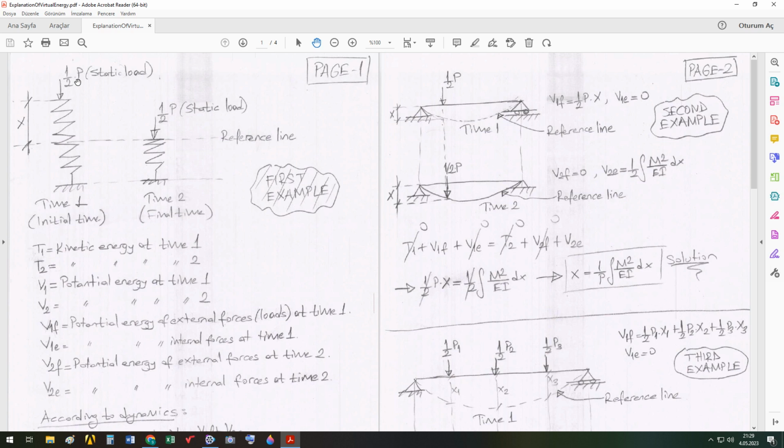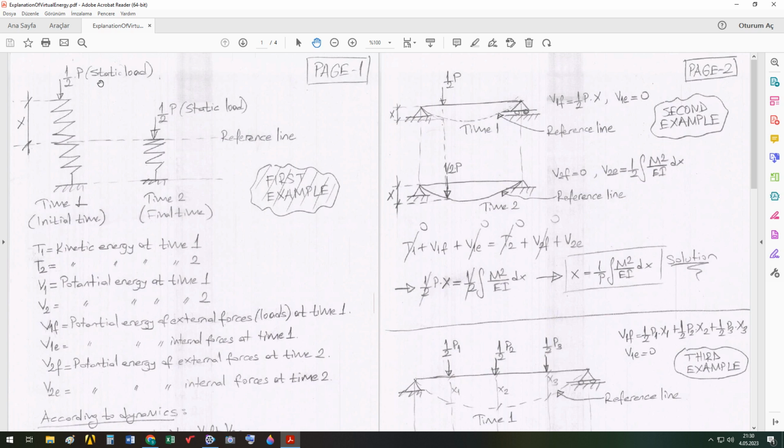Actually, time is not neglected in statics, but loads are applied very slowly so that velocity is 0. The movement velocity, the compressing velocity of the spring is almost 0, and the increasing amount of the load is very low, so that it's almost 0.